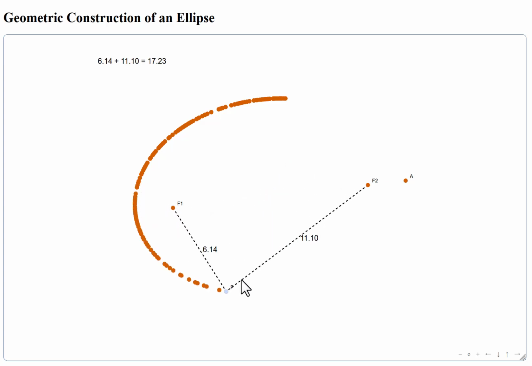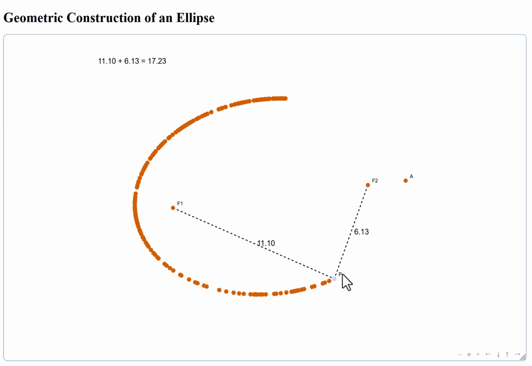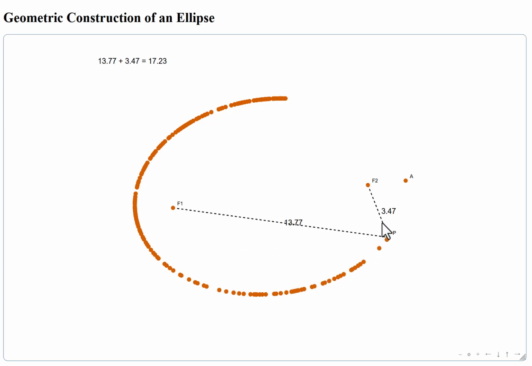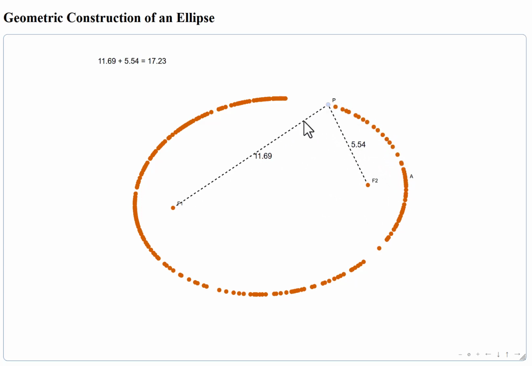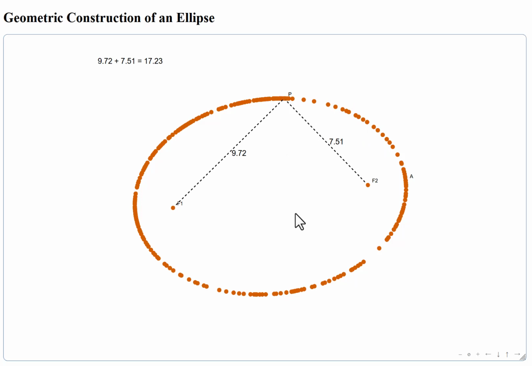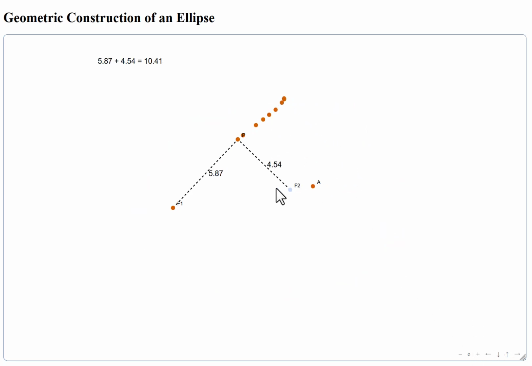The point A that I've labeled over here is the distance to a vertex. So I'll go right through that point, and that will draw the ellipse. Now, the closer those focal points are together, the more circular your ellipse would be.